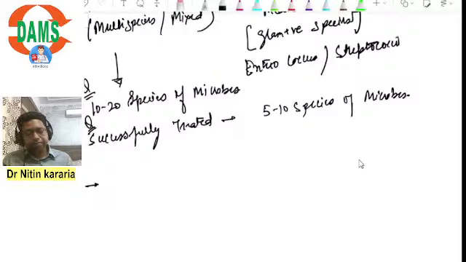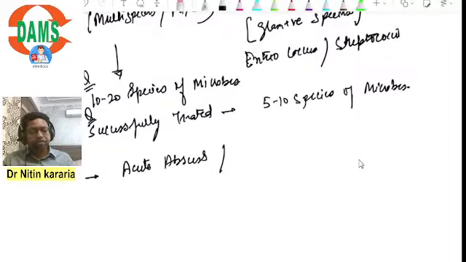If we talk about acute abscess cases or cases of acute apical periodontitis, AAP stands for acute apical periodontitis, then the most frequently identified organism is Treponema denticola.